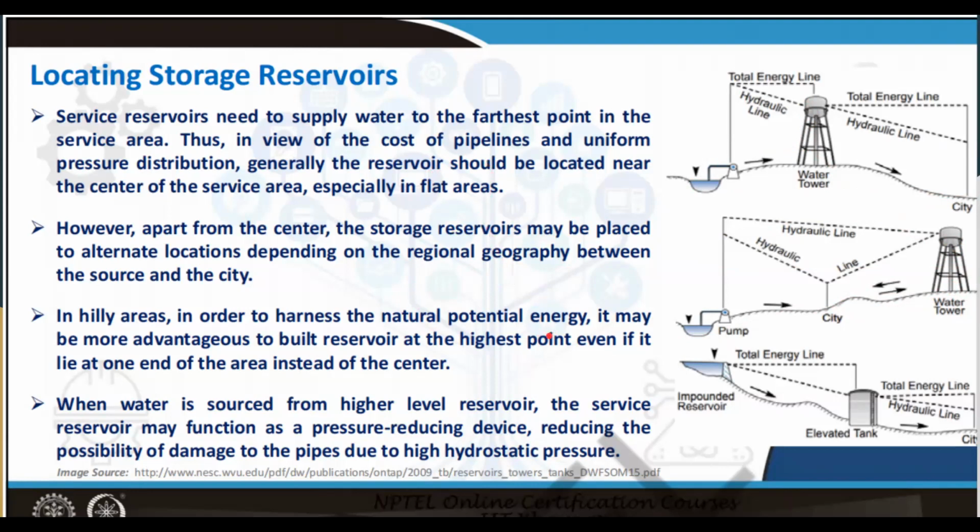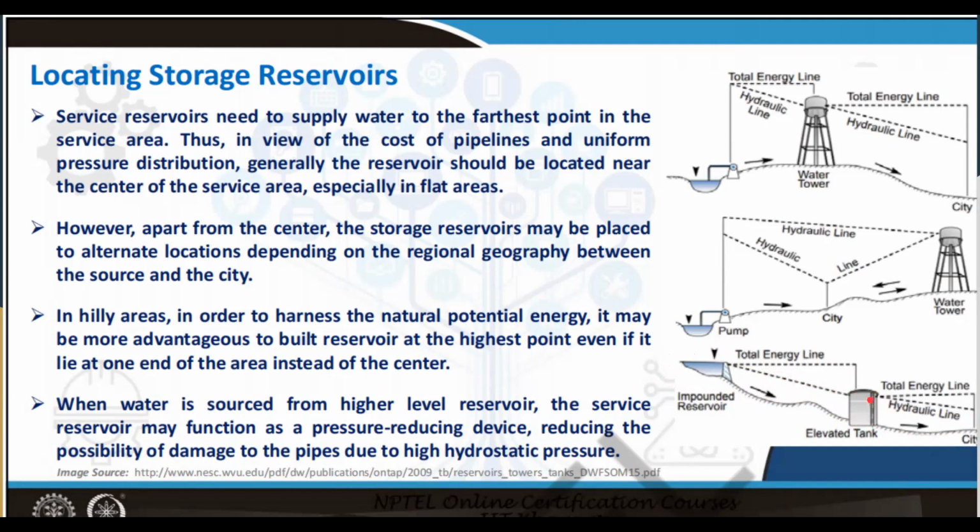Now again, in hilly areas, when the water source is at a very high level, you can have an impounding reservoir. This is a water source at a very high level, and we can provide a storage reservoir downstream of this impounded reservoir. Why? To standardize the pressure, because at this high level, if water is directly provided to the point of demand, the pressure may be very high.